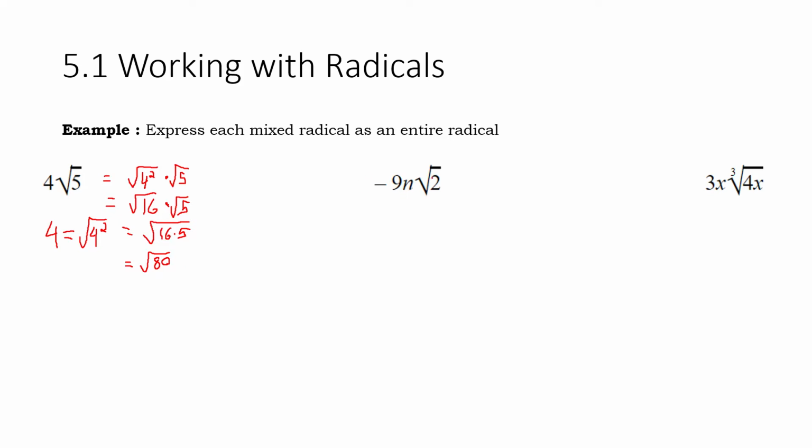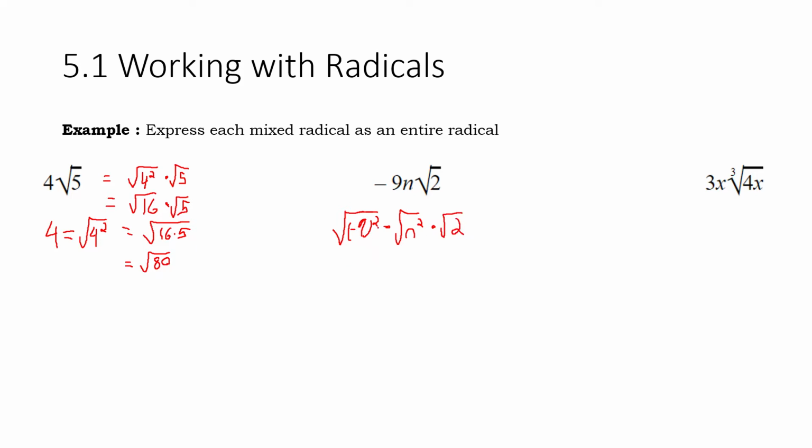So do the same with this, even if it's a variable. So we can do square root of negative 9 squared, and we can do this times the square root of n squared times square root of 2.